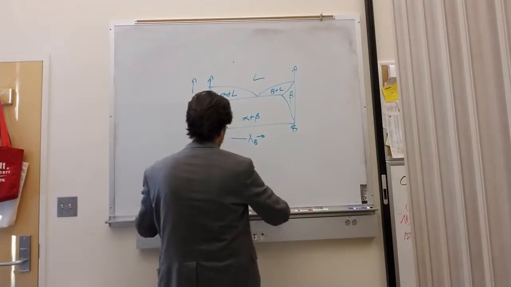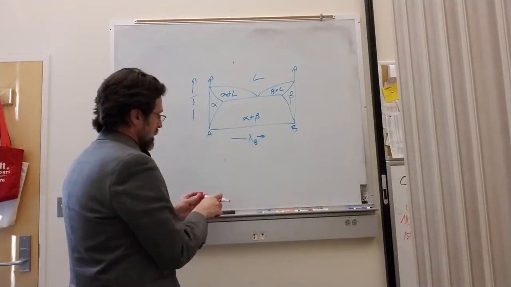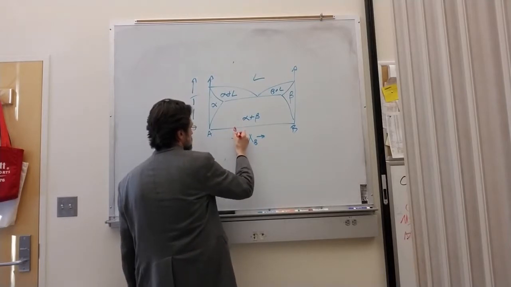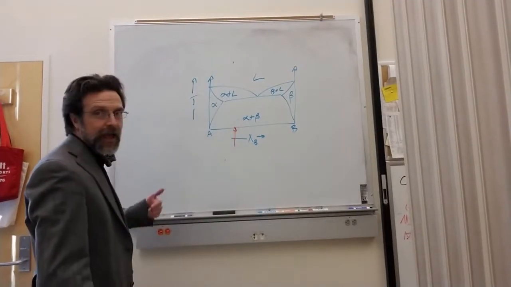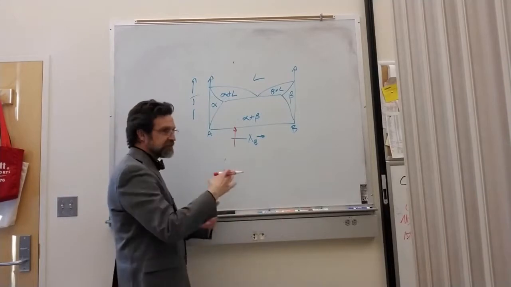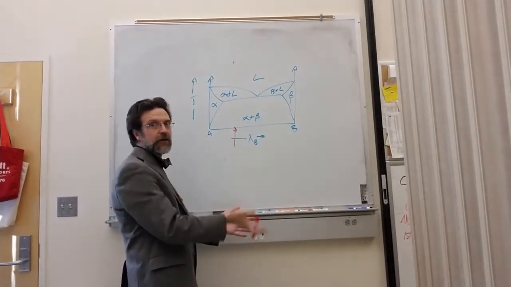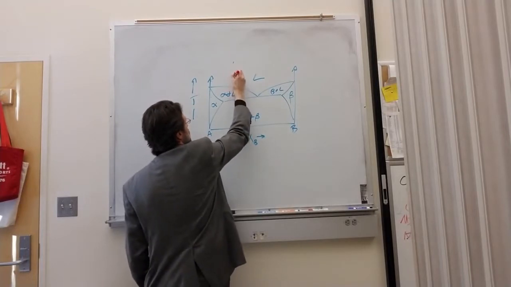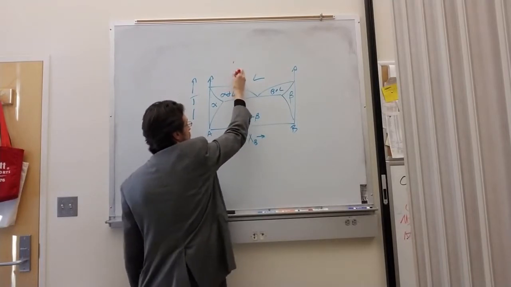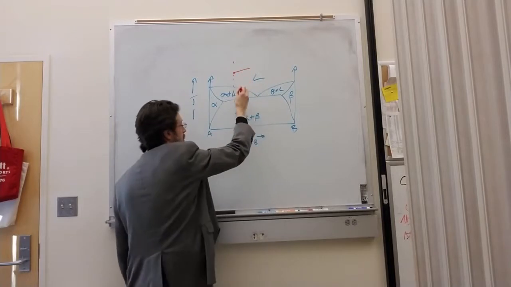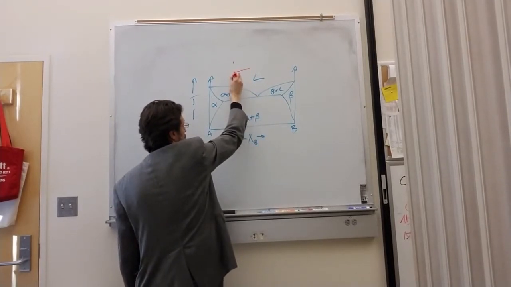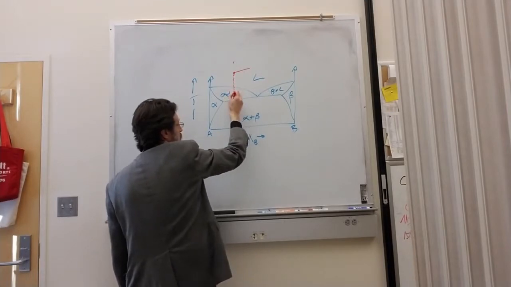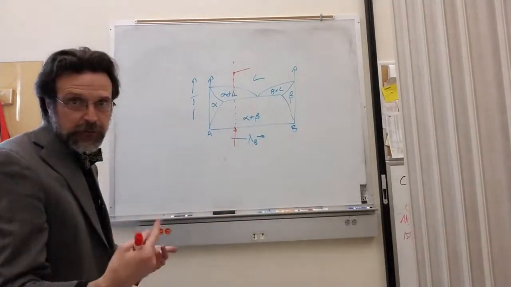Let's imagine that we pick a composition, say here. As we mix some A and B atoms together, we heat it up. At this point, it's all liquid. We cool it down. We're into the two-phase region of alpha plus liquid.